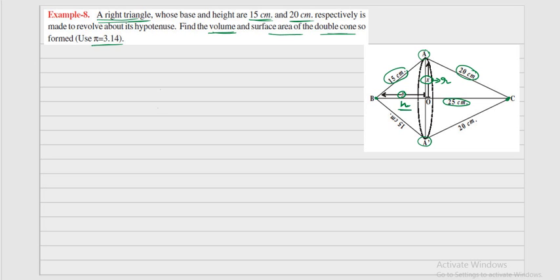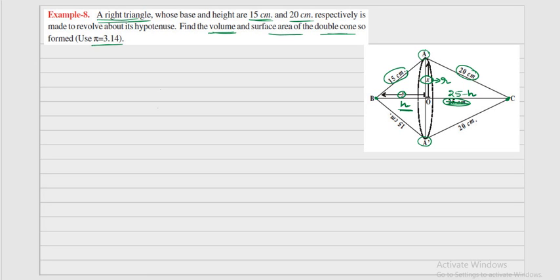If this is h, automatically this length will be 25 minus h, because we already know that the total length is 25.